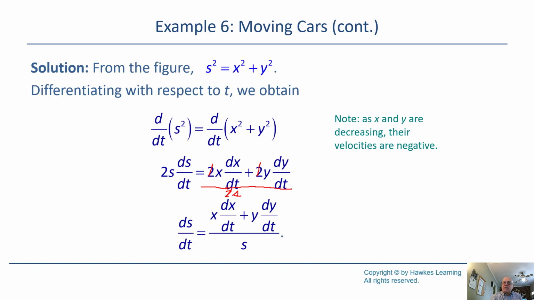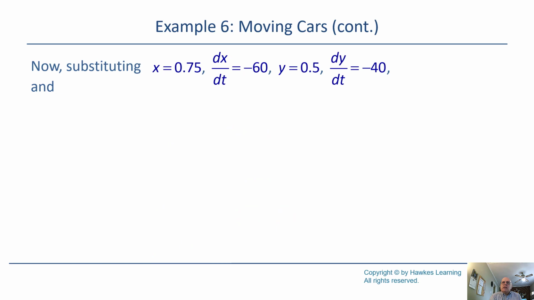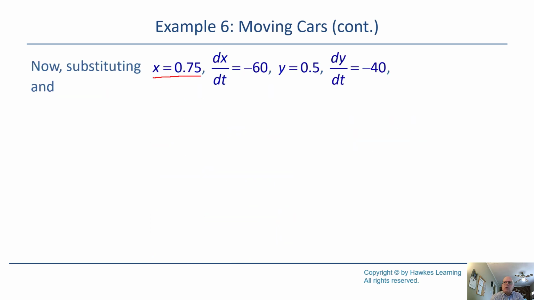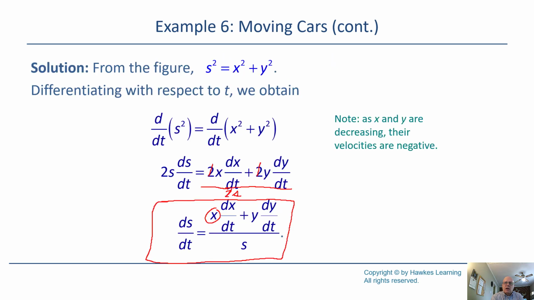Remember, this 2S is divided into both of those, not just one of them. So this is what we get. And then we're going to start putting the numbers in. So the x direction for car A, it's 3/4 of a mile away. We'll put that in here for x, right there. We'll put the 0.5 in for y, which is right there.